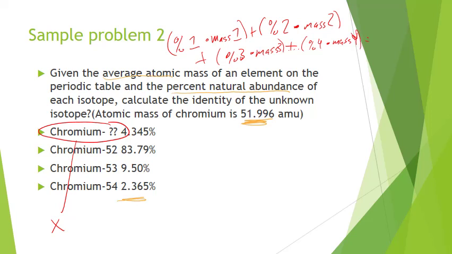And all of that is going to equal our average atomic mass, which in this case is 51.996. So here's the thing, we have all these numbers, we just plug them in. We want to find this chromium, so this is our X. We're going to take that X and put it here, and then plug in the rest of the numbers we have. So I'm going to the next slide where I have all that set up.